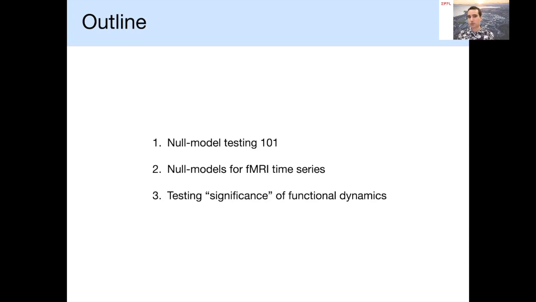I've mentioned phase randomization briefly, but there are other models that could be used for exploring properties of fMRI time series. And then I will discuss how we interpret the results of null model testing in terms of functional dynamics. And you will see it's not that easy, and it should be done with caution. So let's start with the basics of null model testing.